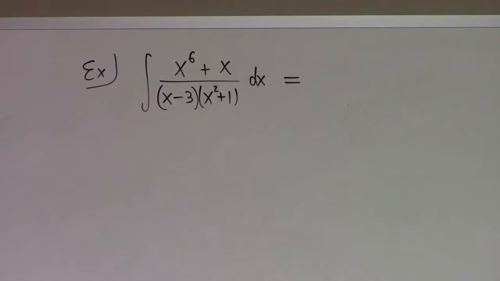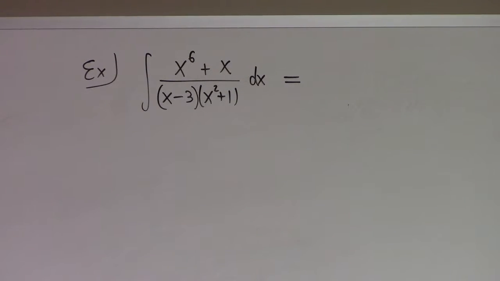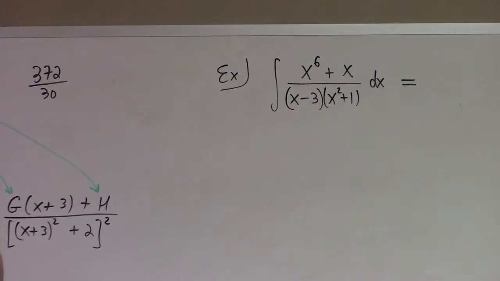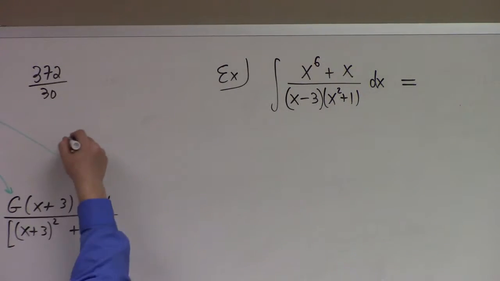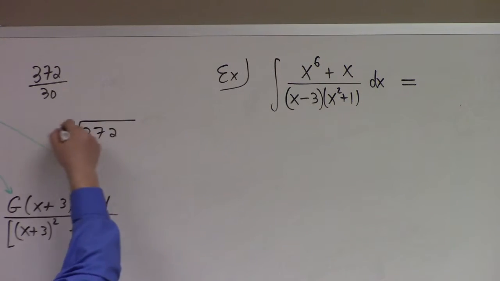Now, what makes this different from the examples I've done up to this point is that what we're starting with is not a proper rational function, right? This is sort of analogous to something like 372 divided by 30. That's not a proper fraction, right? So what do you do? I'm dividing 372 by 30.